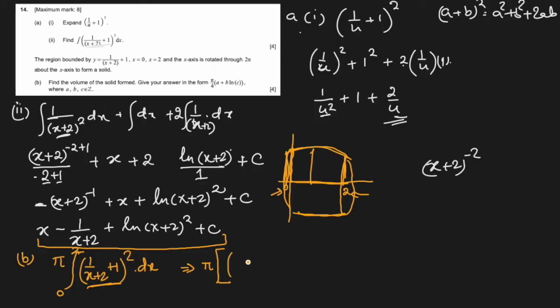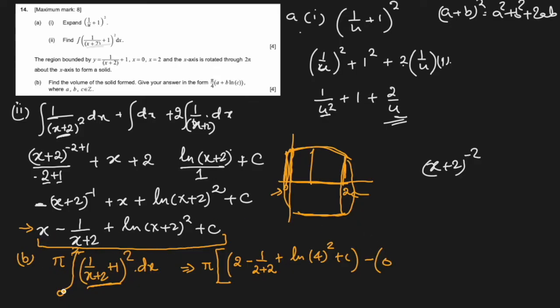Let me substitute 2 first in this integration: 2 minus 1 over (2 plus 2), plus natural log (2 plus 2) square, 4 square, plus c, minus 0.